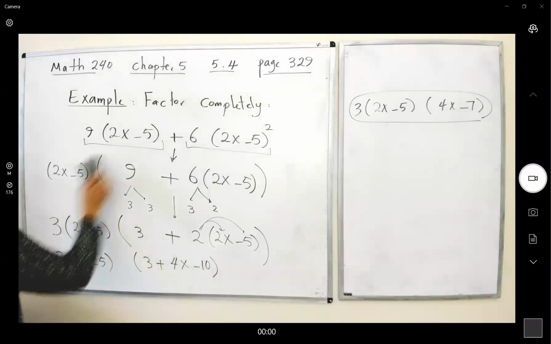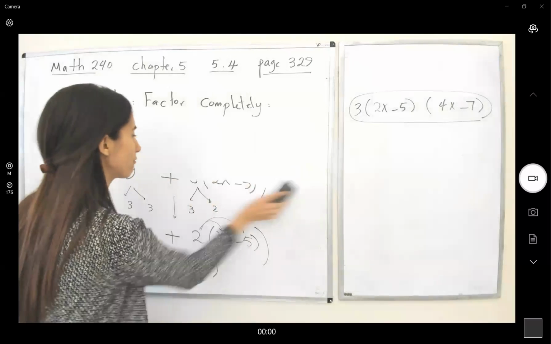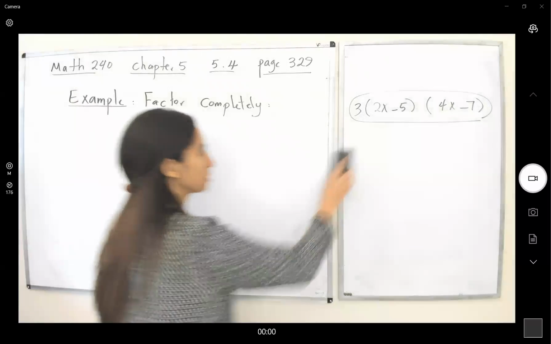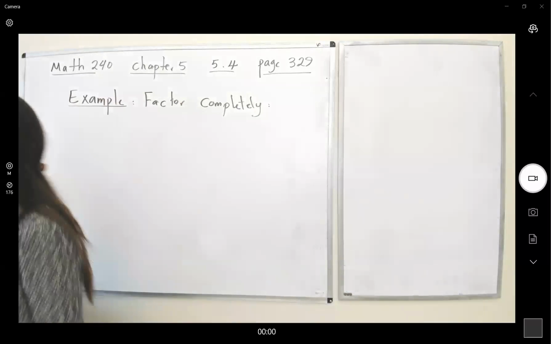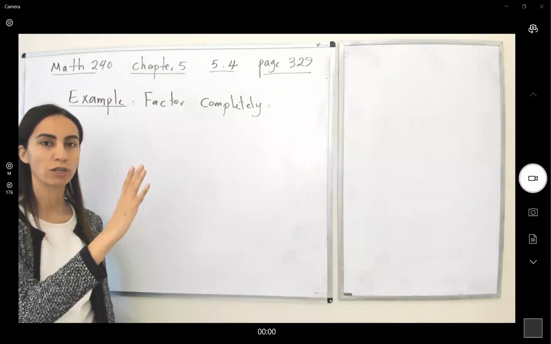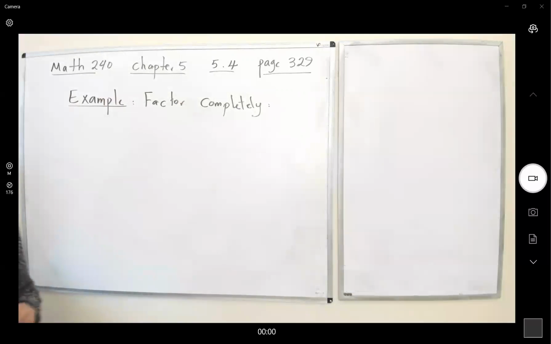One more example for you. Question says factor completely. What do we have here? In this example, we're actually having four addends. Take a look at this.